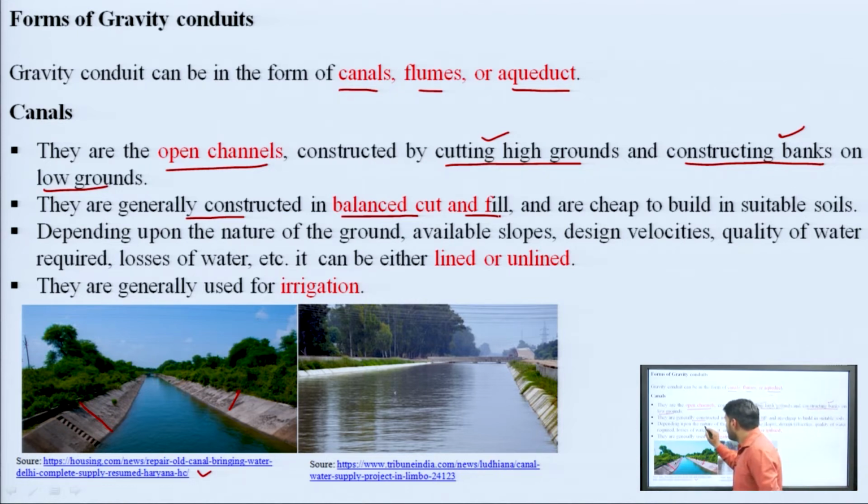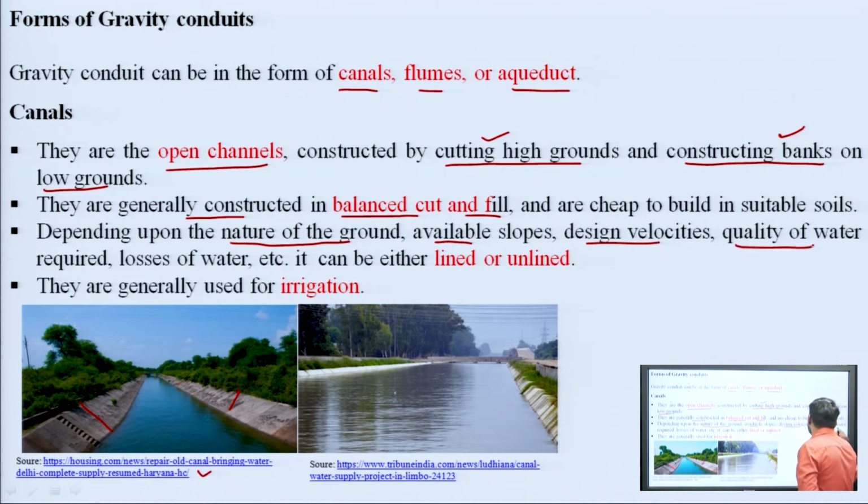Depending upon the nature of the ground, available slopes, design velocities, quality of water and required losses of water, a canal can be either lined or unlined. So, what is the difference between lined and unlined? Basically, in a lined canal there is a protective coating on the surface of the canal.